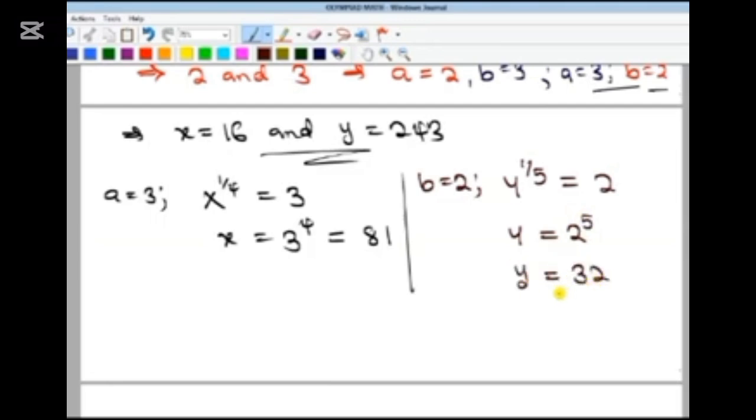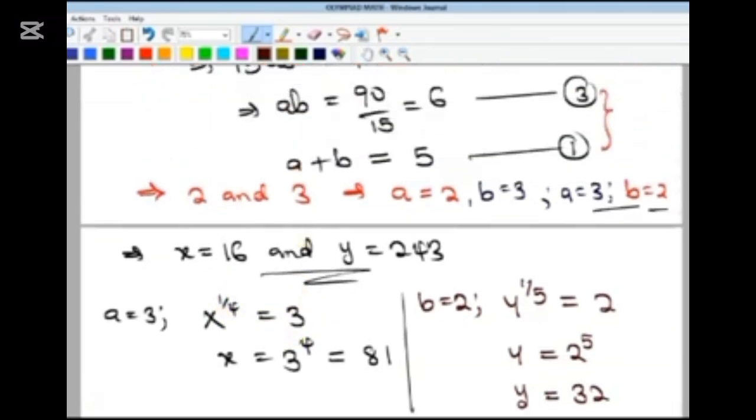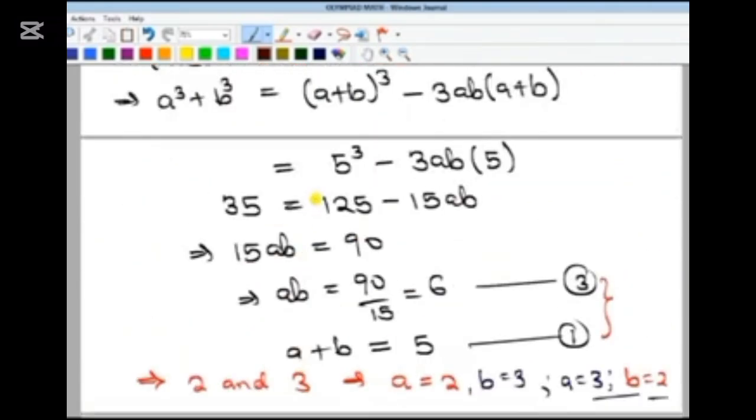And I hope we understand why I do all of this. By the rule of indices, if I take both sides to the power of 5, 5 will cancel the 1 over 5, and then the other side will be raised to the power of 5. That's also the principle I used here. If I raise both sides to the power of 4, 4 will cancel 1 over 4, and so I'll just have 3 to the power of 4, which is what I did up there.